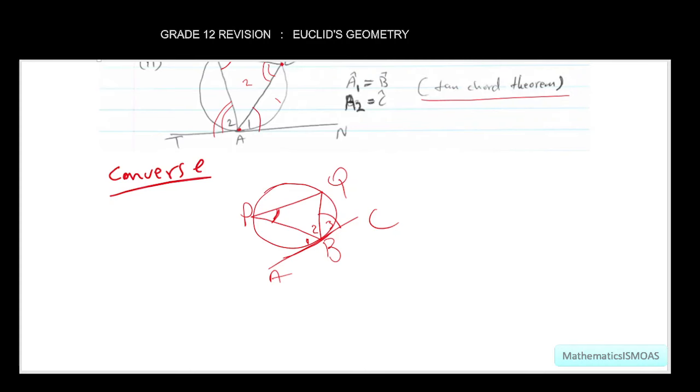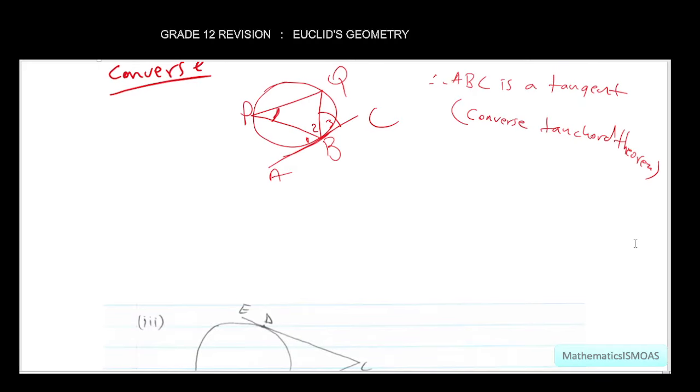Therefore, you can conclude that ABC is a tangent. Your reason for that will be converse tan-chord theorem.